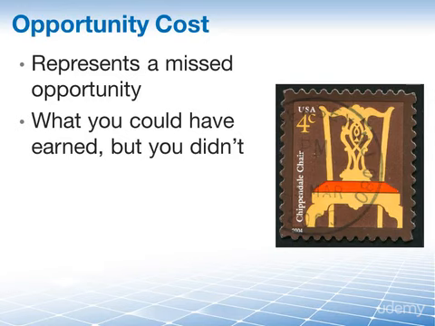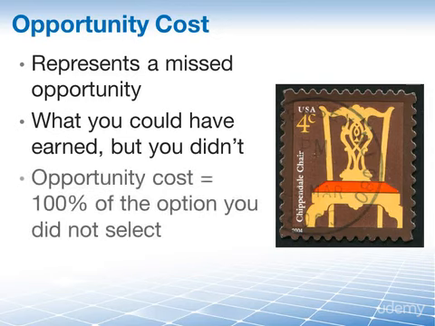For example, you could have bought that old chair at the flea market last Sunday for $5. Instead, you decided to eat and buy a hamburger. The chair then turned out to be a Chippendale worth $10,000. So you have a missed opportunity, and your opportunity cost here is $10,000. It's 100% of what you did not earn.